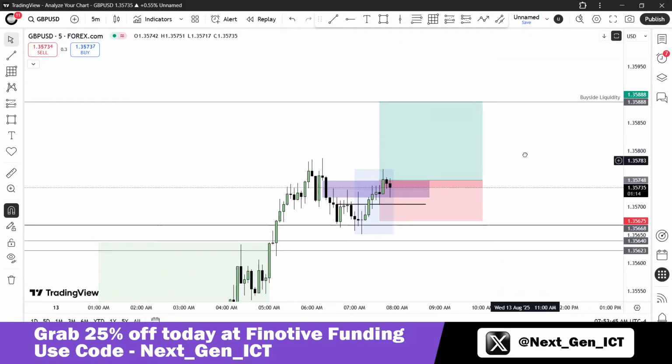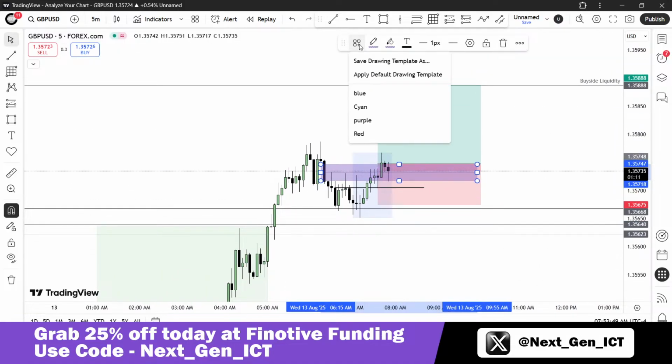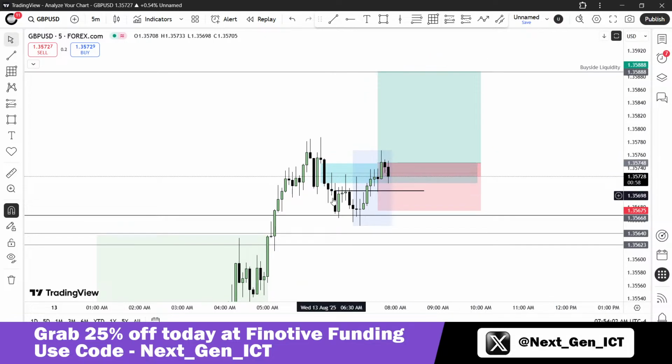Okay, we're seeing some respect off of this fair value gap. Now, do not close below that. If this fails, then the second PDL would be this order block, bullish order block.